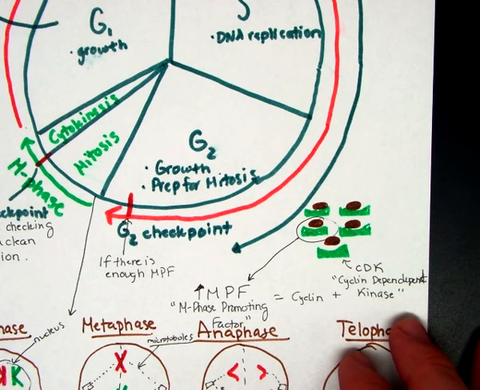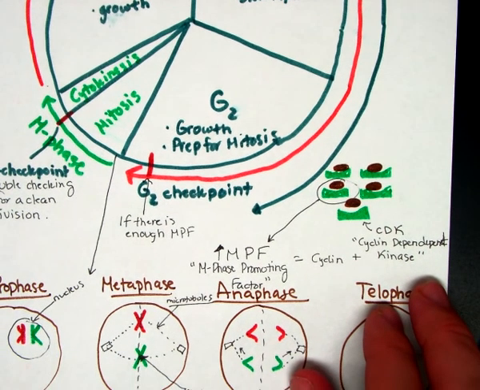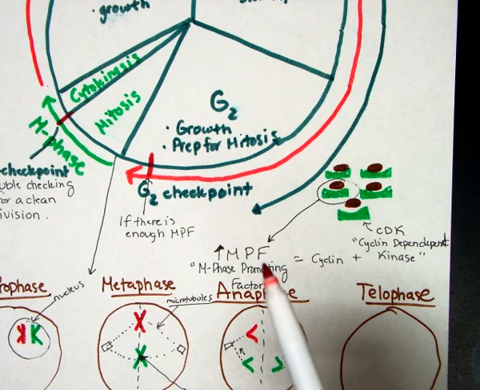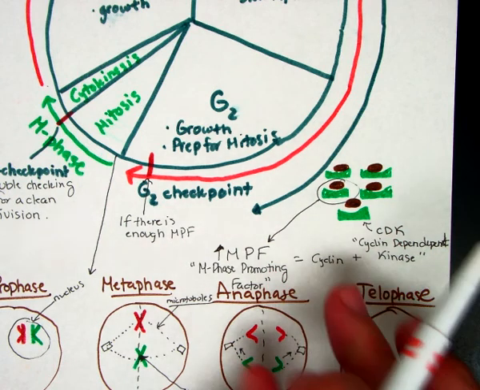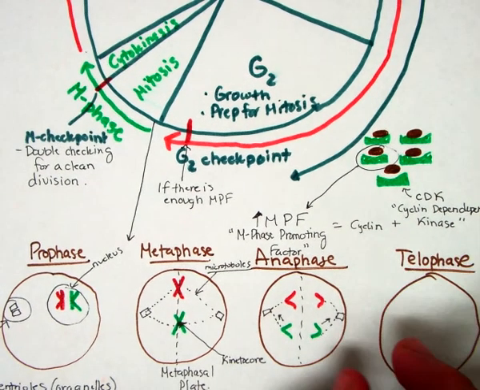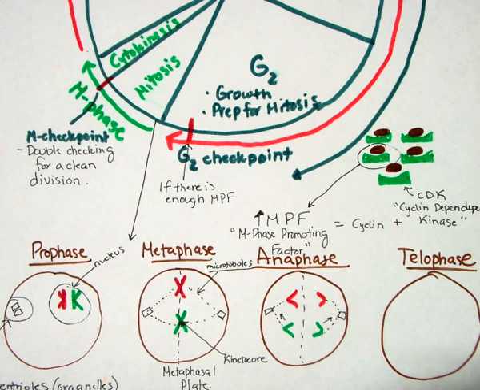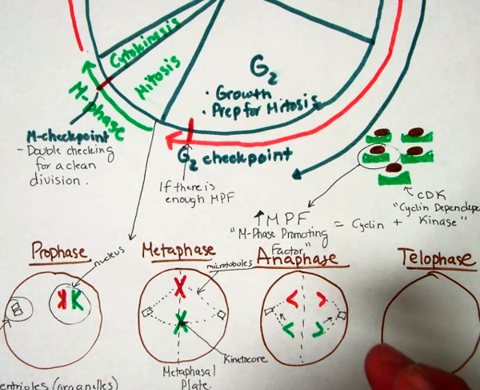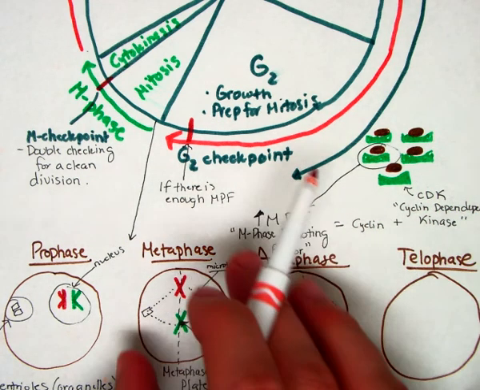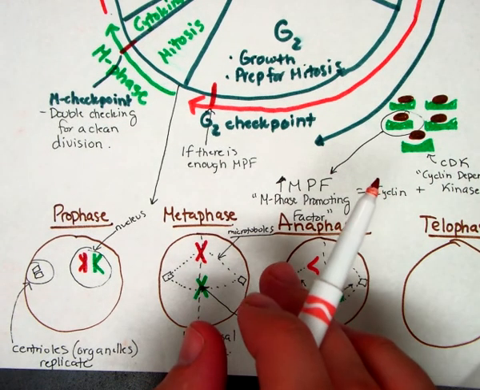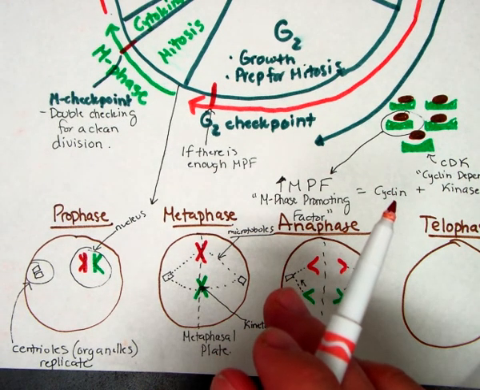Now, what I want to talk about is also what I mentioned with the 4 phases of mitosis. Right? So after passing that G2 checkpoint, the cell will enter the prophase phase of mitosis.